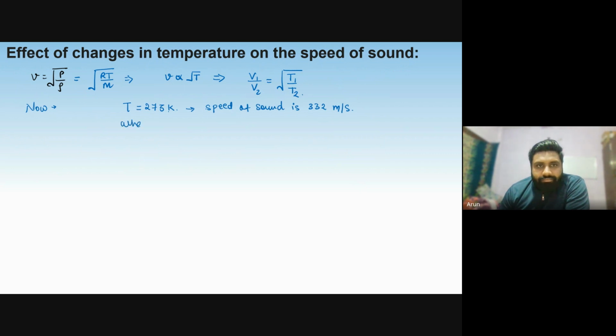What is the speed of sound at T degrees Celsius? Let's say V1 is the speed at that particular temperature.